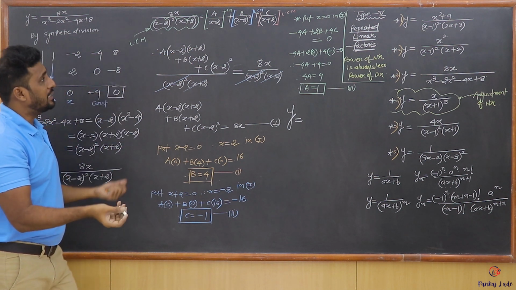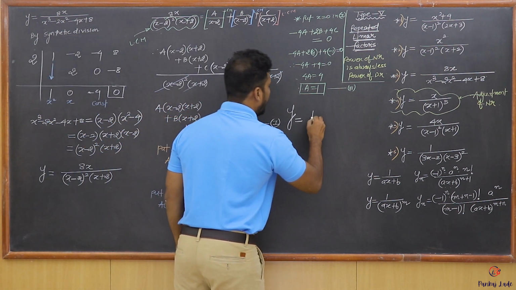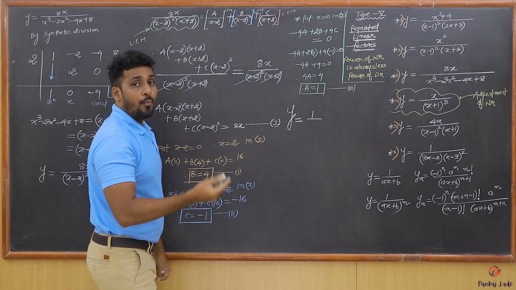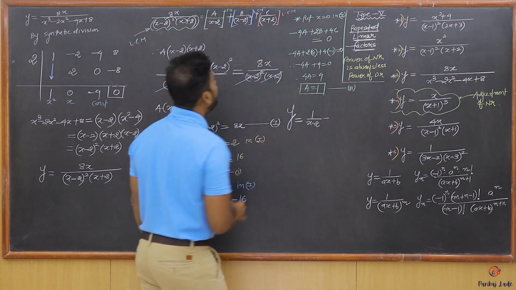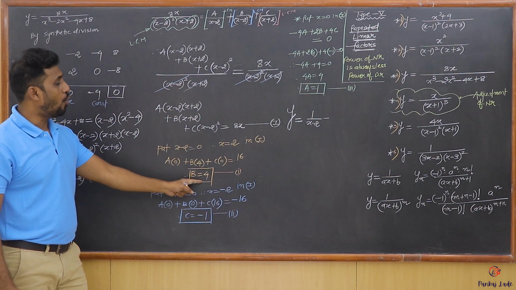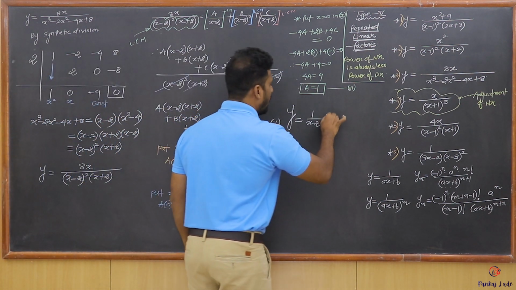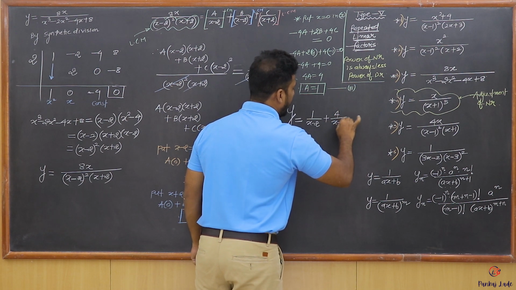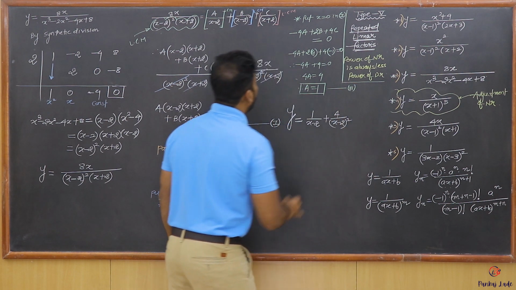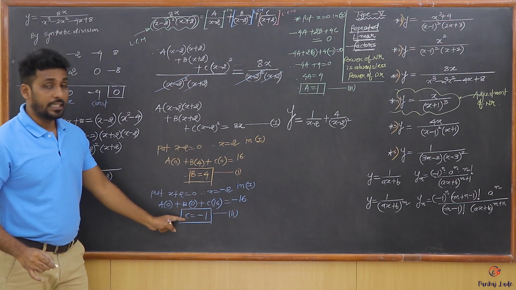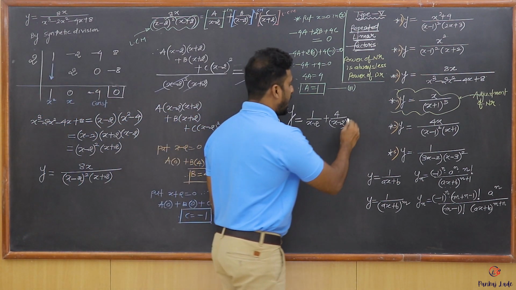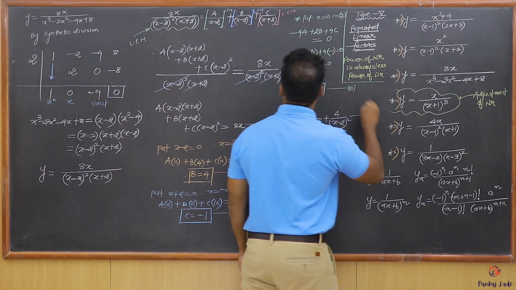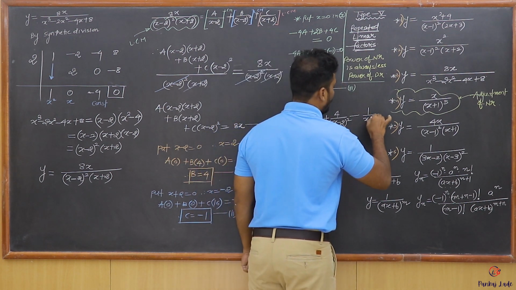Let's utilize the values. You get 1 upon x minus 2, then plus b, whose value has come 4, so plus 4 upon x minus 2 the whole square. The value of c is minus 1, so plus c becomes minus 1 upon x plus 2, isn't it?